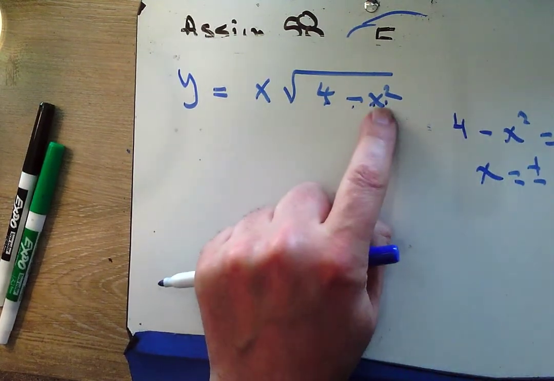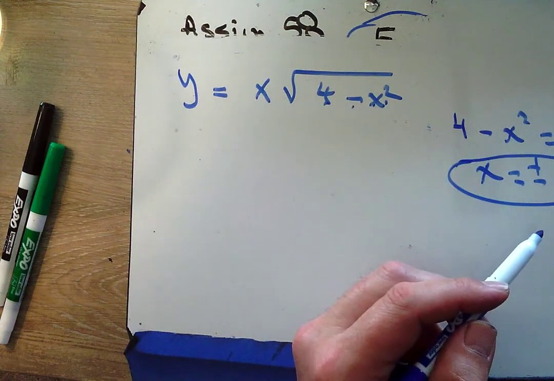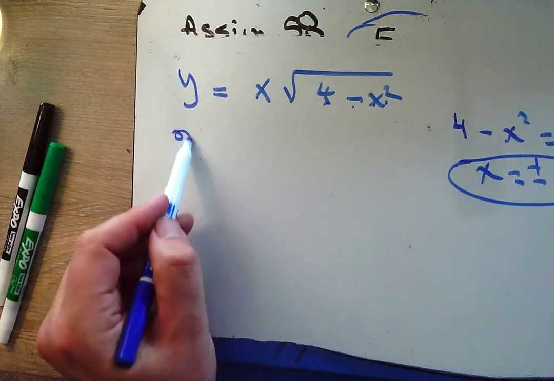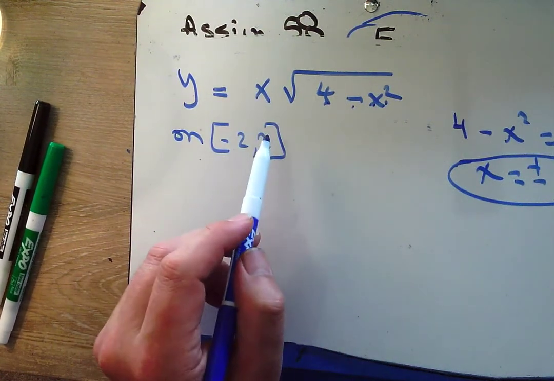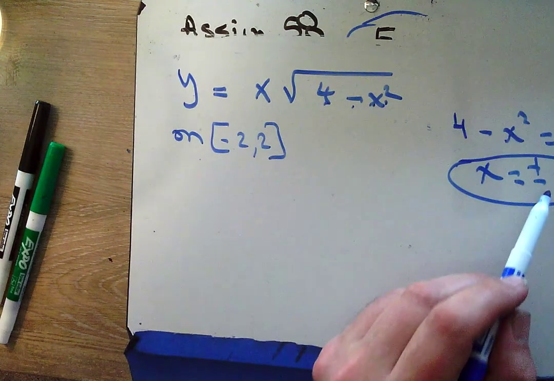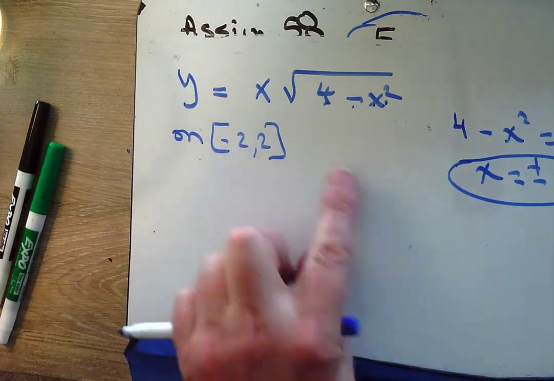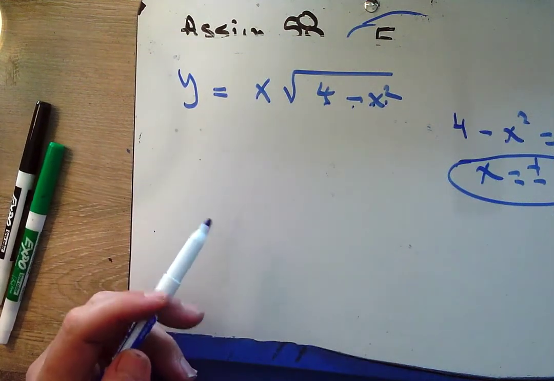Hey, you know what? It was an implied boundary. There was no mention of negative 2 to 2 here. We were expected to know that these were endpoints. Ooh, chilling wind blows. Don't worry, there's a bunch of practice with this.